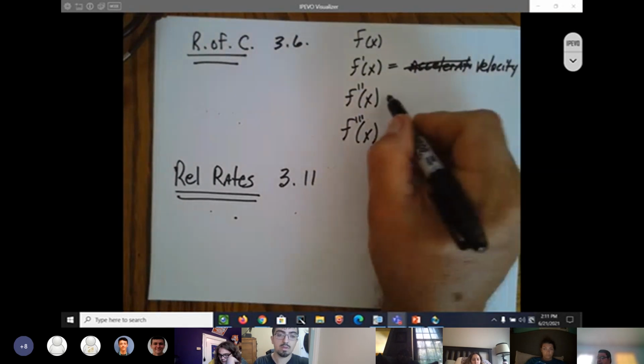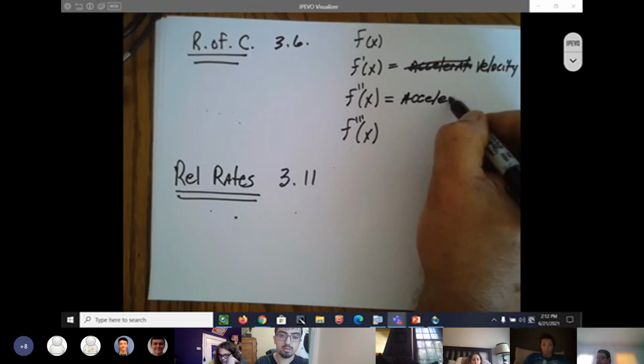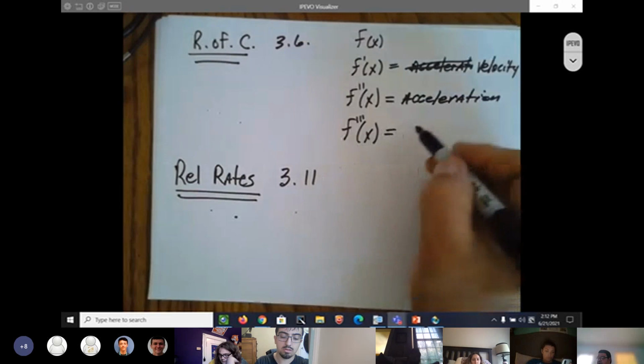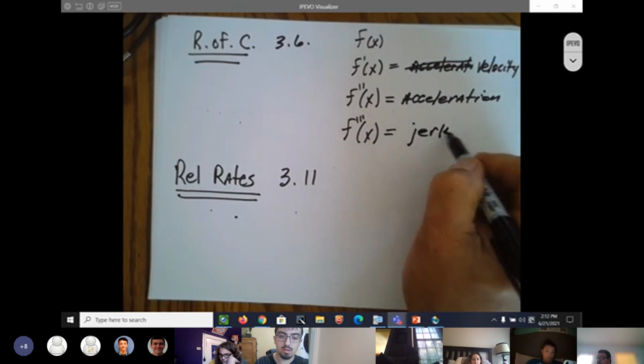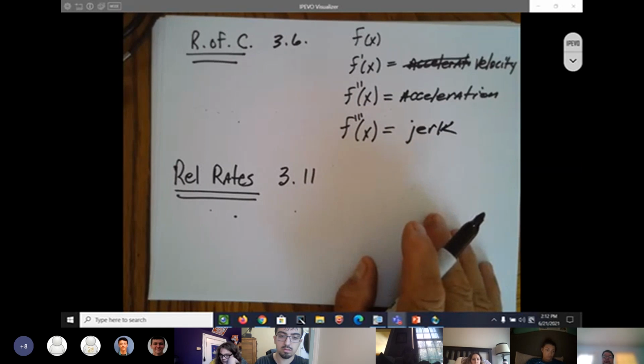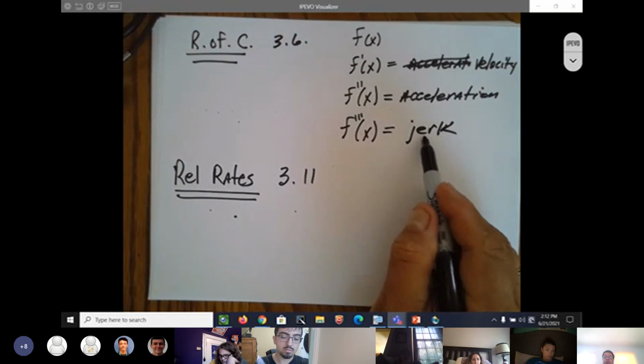Your double prime is acceleration. And third is the jerk. You'll get into that later in physics with motion, and the change in acceleration is called the jerk.